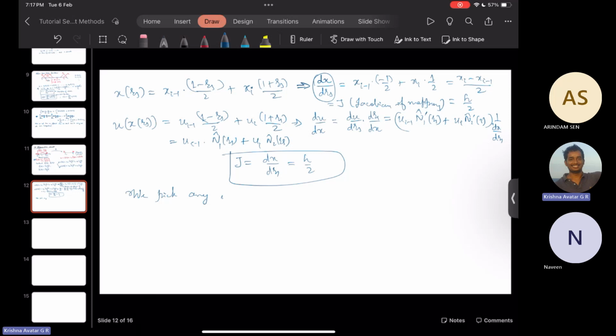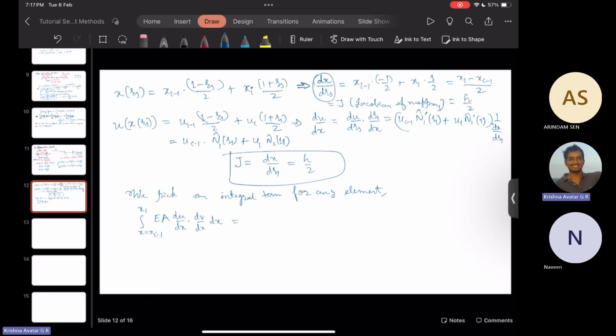Say we pick an integral term for any element. I think that's a better way to put it. So we have x from x_{i-1} to x_i, which is for the ith element, and then we have EA du by dx dv by dx into dx.